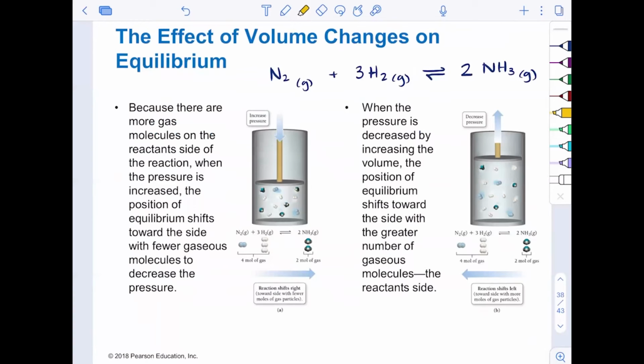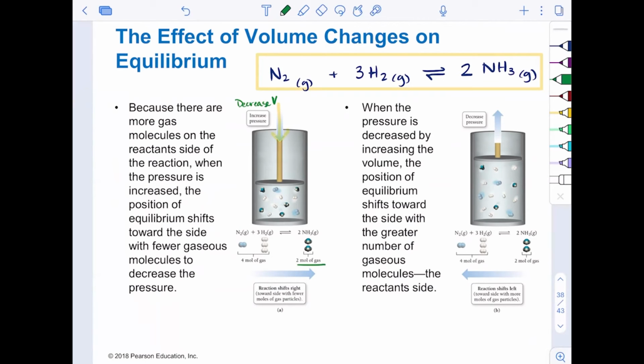Here's that effect. We have this reaction, N2 and 3H2 yields 2 NH3 molecules. Now, when we increase the pressure by decreasing the volume, we proceed to the side with fewer particles. That happens to be the products.